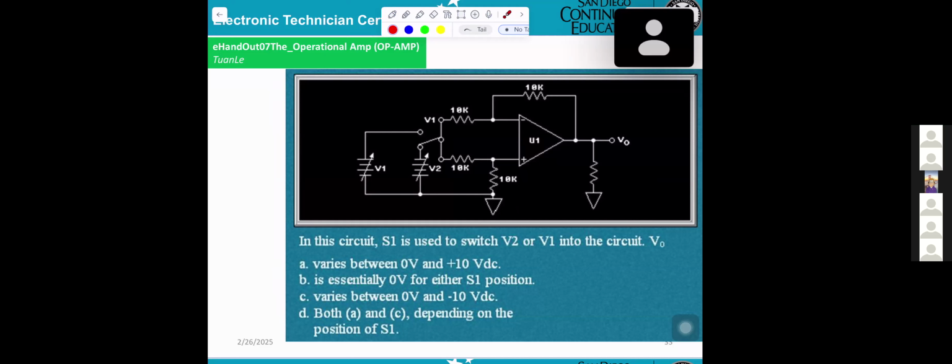So basically, if they connect this way, the two inputs will be the same, V2. If you go to V1, they will be the same, V1. And they want you to select either A or B or C or D. The answer will be B, essentially 0 for either S1 position.